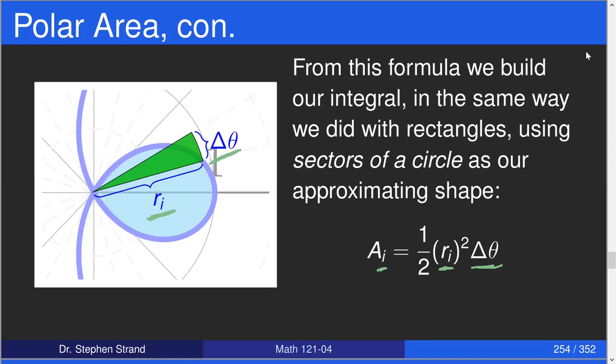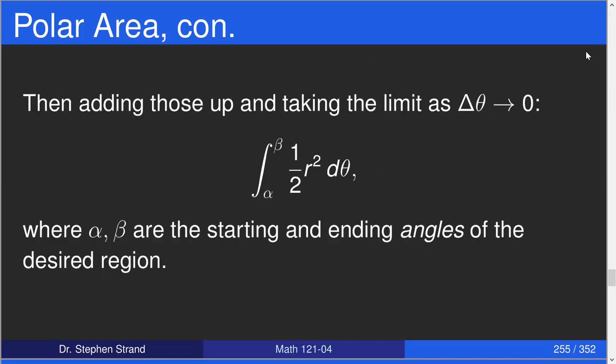So what we're going to do is take the limit as delta theta goes to 0, so those sectors get, the angle change gets smaller and smaller, and what we get then is an integral where delta theta becomes d theta, and what we're integrating is 1/2 r squared.